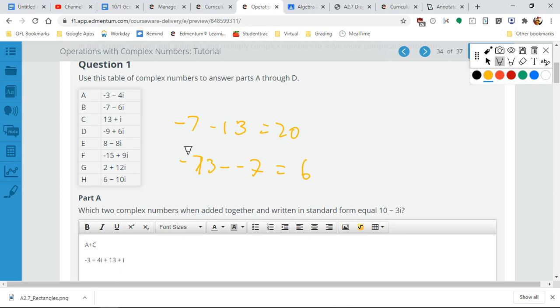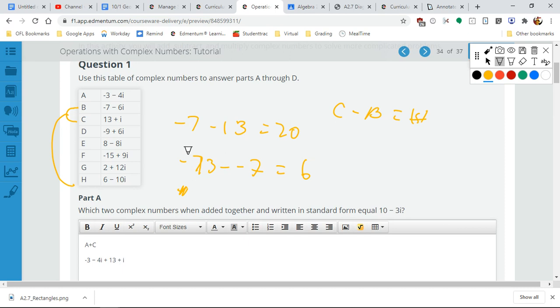Oh, this combined with this, does it give us that? So negative. Okay, so I'm doing C minus B. Does that give me H? So let me try this out.